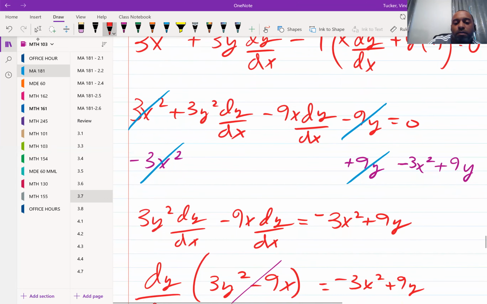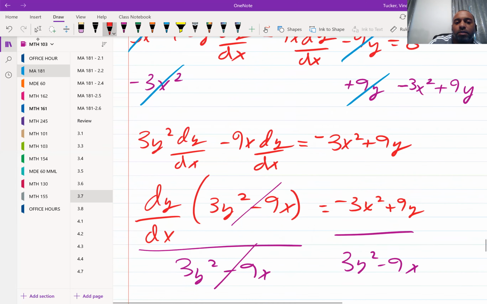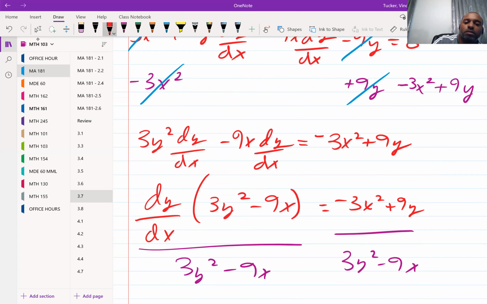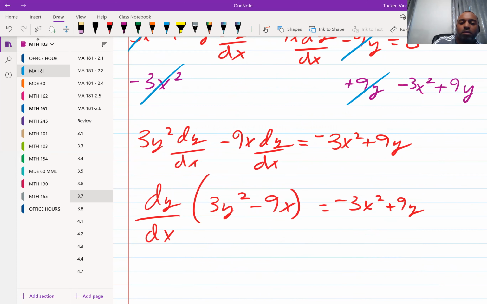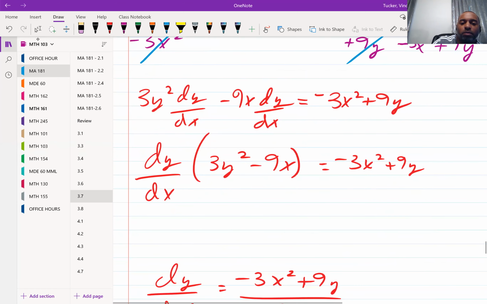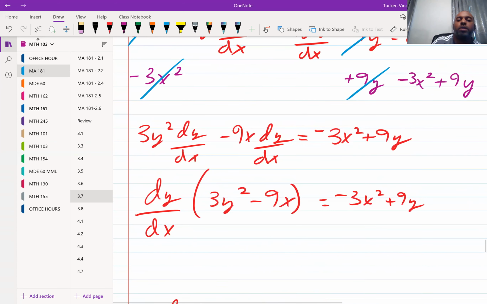All right. Factor out dy/dx. We got room for it. Nope, didn't make room for it. So factor out dy/dx. And then divide both sides by 3y squared minus 9x.